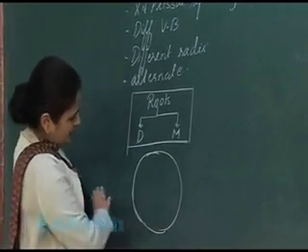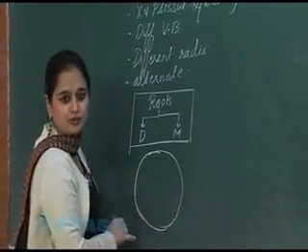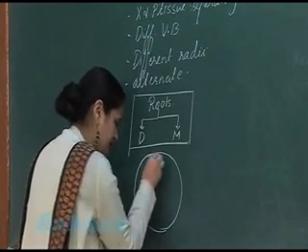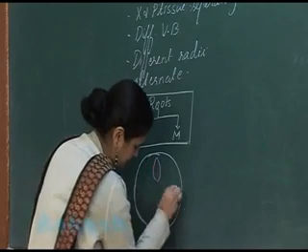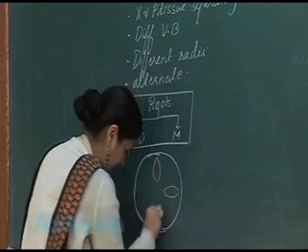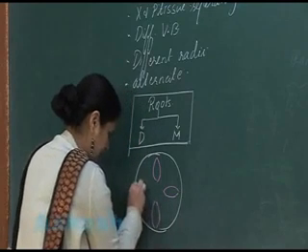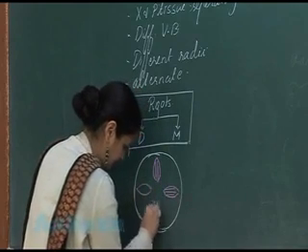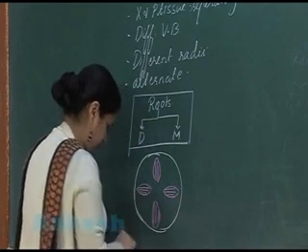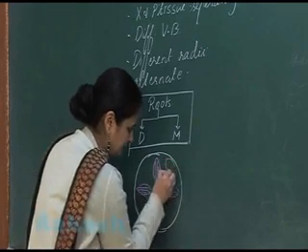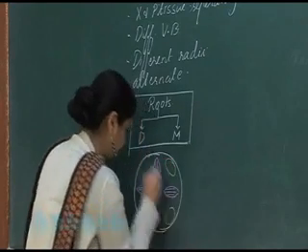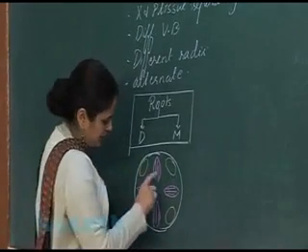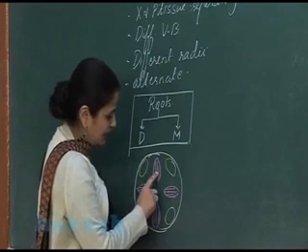Let's say this is the transverse section of the root. Here I will show separate xylem and phloem bundles. This pink one represents xylem strands.